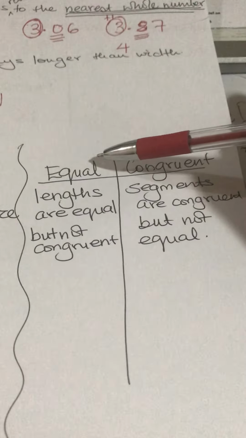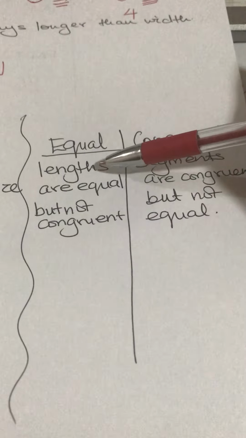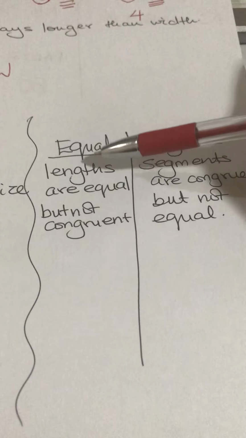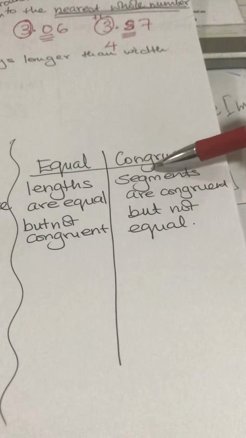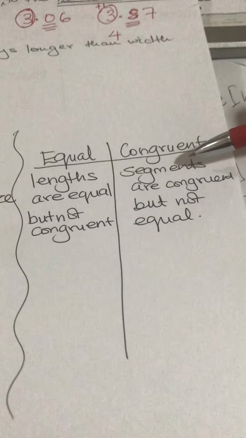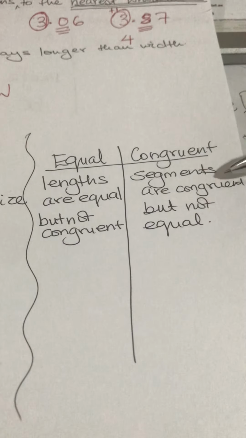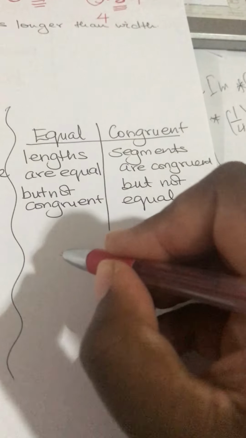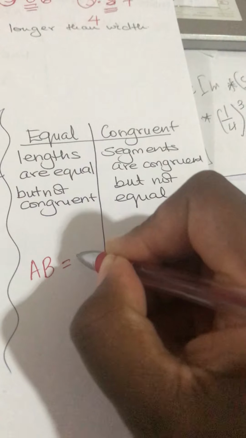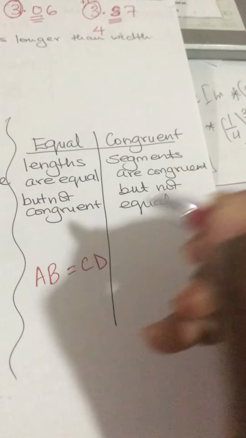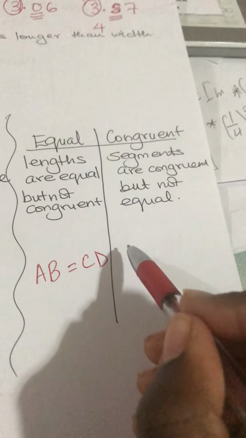Now, when you're talking about length, you can say lengths are equal. When you're talking about segments, you will say segments are congruent. This means you have to say AB is equal to, let's say, CD. This is correct.